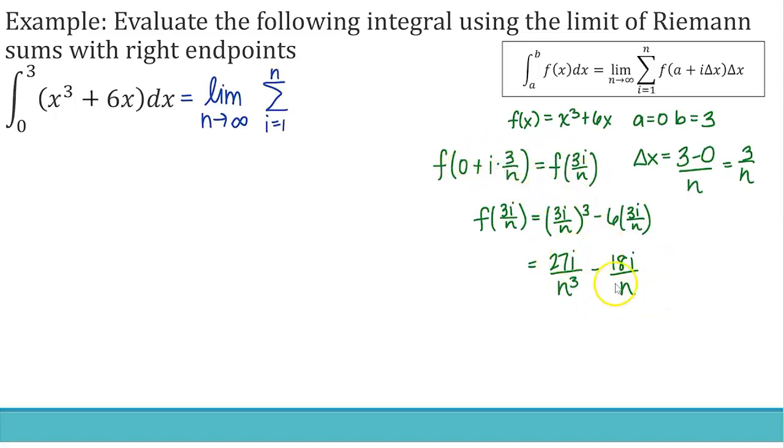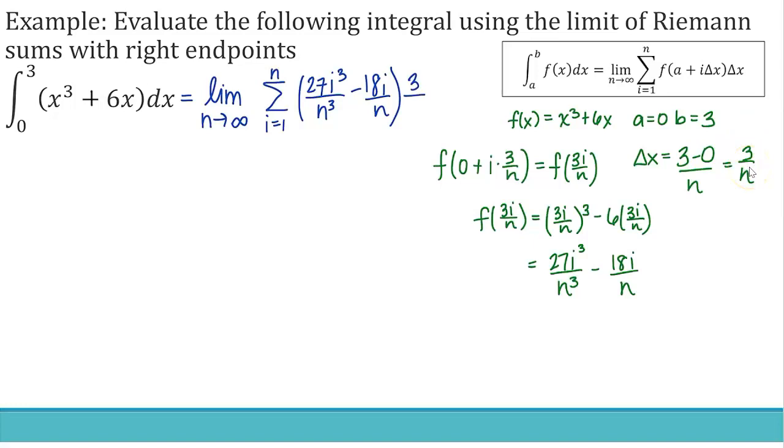And working that all out, we got this: 27 i cubed. Just caught that, good thing I did. Sorry about that. 3 was cubed and i was cubed, and then over n cubed. So we have 27i cubed over n cubed plus 18i over n. So all of that is f of a plus i delta x, and that needs to get multiplied by another copy of delta x, which was 3 over n.